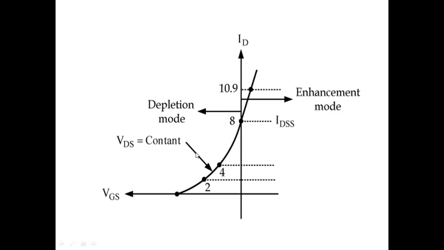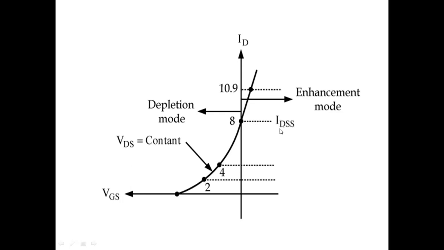Hence, the conductivity increases. The conductivity is highest at 0 voltage, when VGS is 0. The maximum number of electrons flow through the channel, and it is constant. That current is known as IDSS.